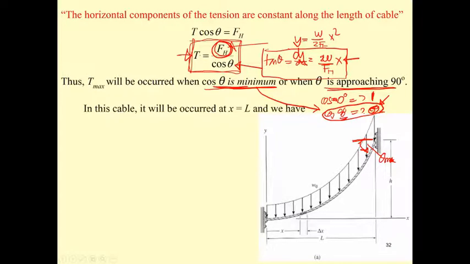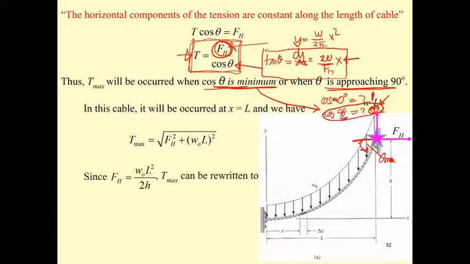In this cable, it will occur here, and then we have T max equal to the square root of F sub h square plus W L square. If you push the F sub h into that equation again and do the calculation, we will have the equation for T max in this form.